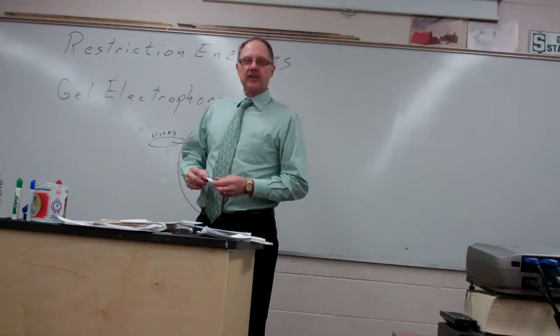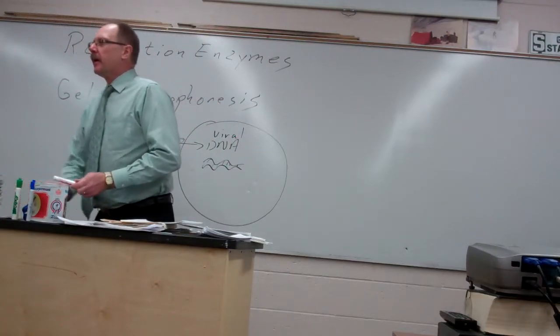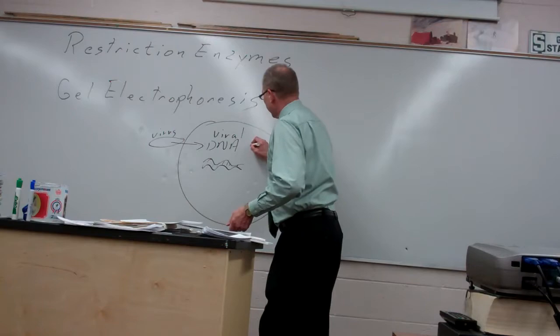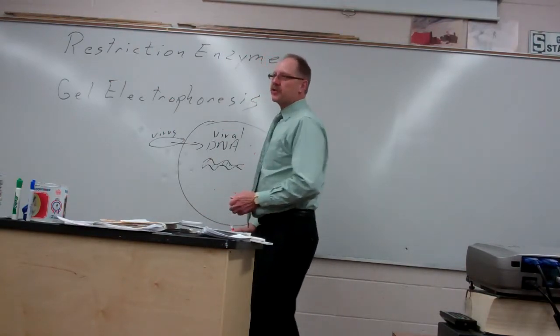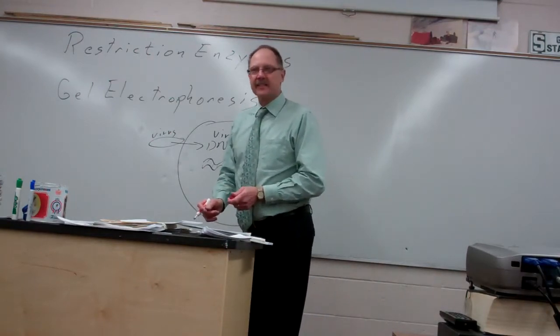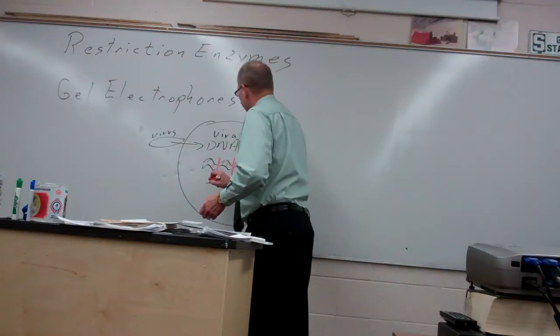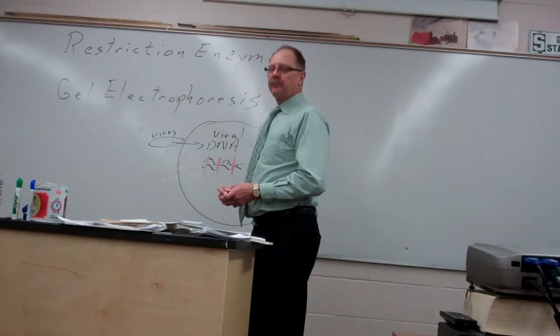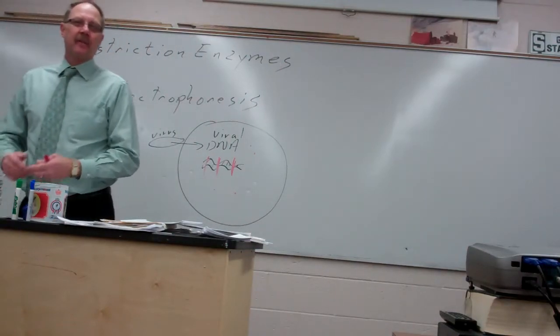It injects its viral DNA into the bacteria, and sitting here in the cytoplasm of the bacteria are these restriction enzymes. Restriction endonucleases is what they're generally called, right? And these restriction enzymes chop up this foreign DNA and make it ineffective.